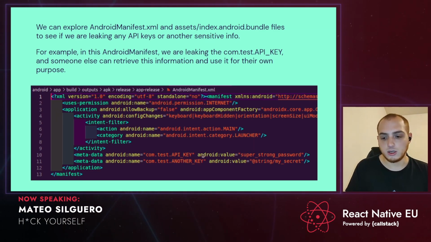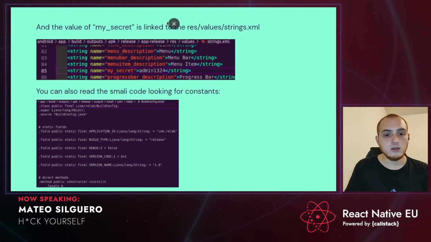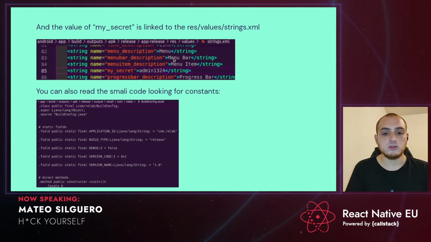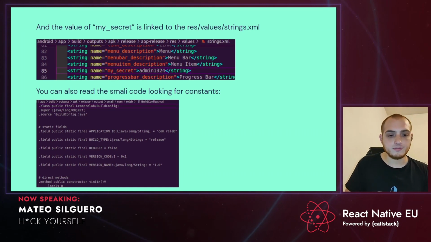You can see the value of the API key is super strong password, and it is hard-coded into the Android manifest, and the other key is referred to another file. The value of my secret is in the strings.xml file. And there are other XML files that could contain other secrets.